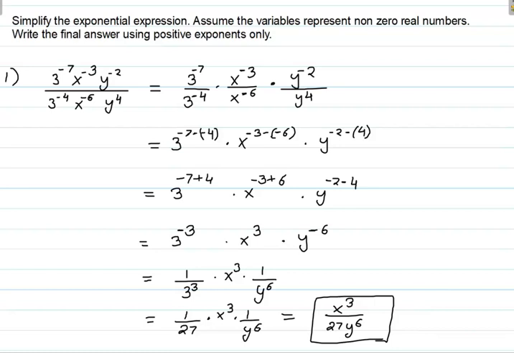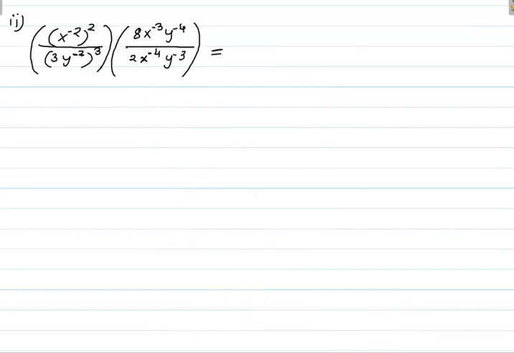Let's move to a harder problem. This problem looks more complex and hard, but again it's not hard if you go step by step. Let's simplify the terms inside the parentheses first. Here we can apply the power of a power rule. So x raised to negative 2 times 2 gives you a negative 4.